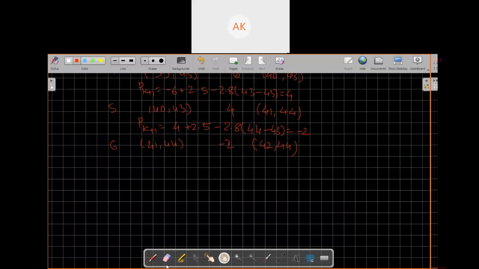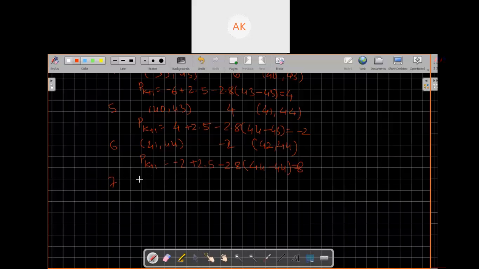So again calculate the next decision parameter, pk+1, which is the previous decision parameter -2, plus 2 into delta y, which is 5, minus 2 into delta x, which is 8, times yk+1, now 44, minus yk, which is 44, 0. 10 minus 2, 8, plus 8.